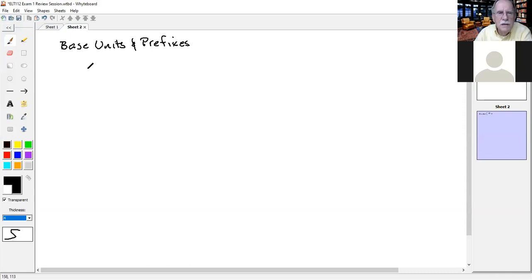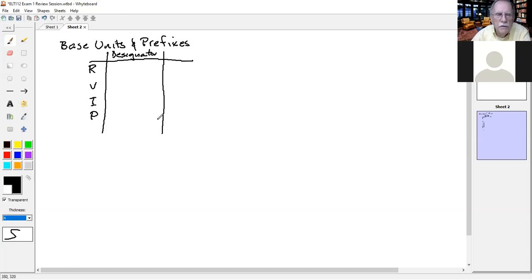I guess the easiest way is if we set up a table and wrote down the designators and the units. So if we think about the resistance, well, let's do it this way.